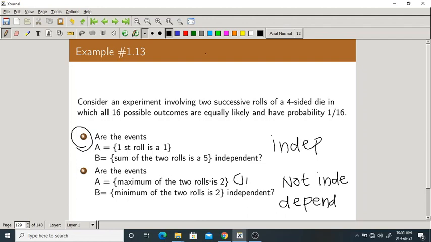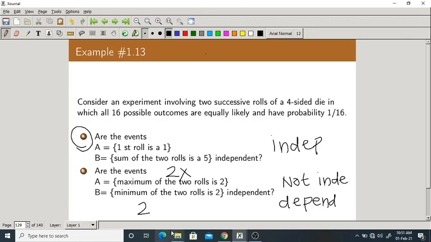Suppose if the minimum of two rolls is 2, obviously the maximum cannot be 2. Correct? That's why they affect each other. So these two events have an effect on each other. If the minimum is 2, the maximum cannot be 2.